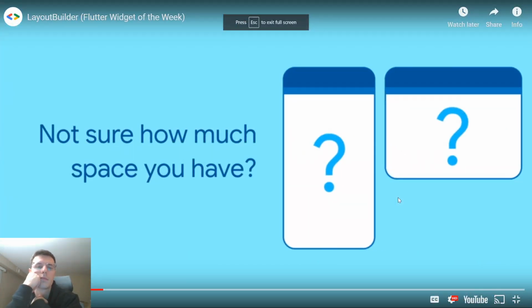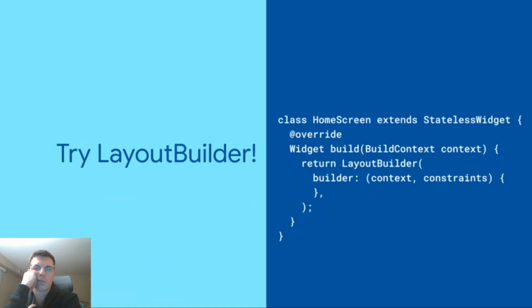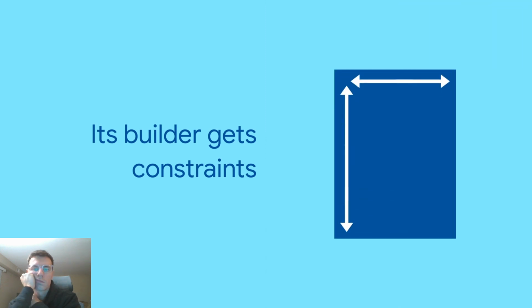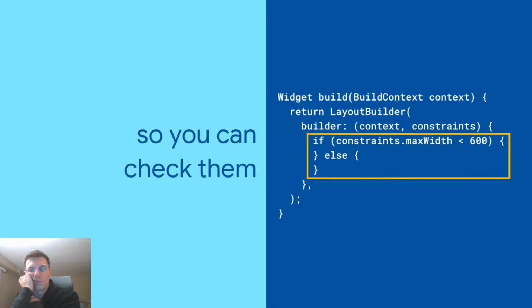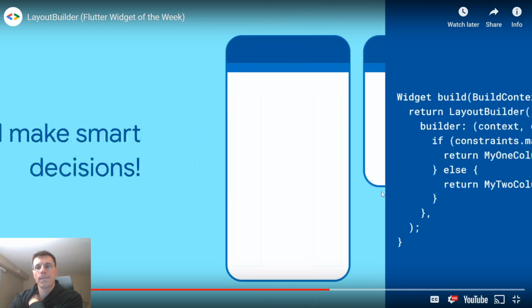Ever found yourself writing a build method and wished you could know how big your widget was going to be before you decided how it would look? Well, LayoutBuilder can help. Its builder function has parameters for build context and the incoming box constraints. Those are the valid width and height ranges for the widget. Your build logic can check those constraints and then make smart decisions about how to compose itself.